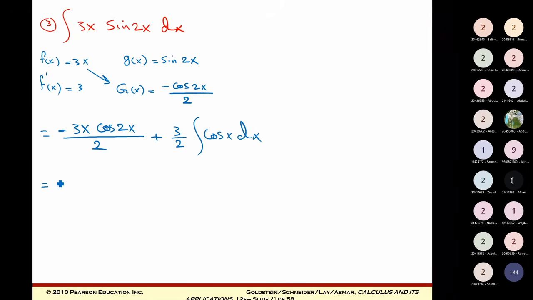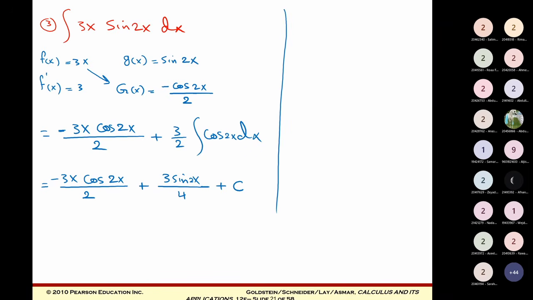So we have minus 3x cosine 2x over 2 plus 3 sine 2x over 2 plus c, because the integral of cosine is sine. Oh, sorry, this is 2x. So 2 over 2, so we have 4. Okay, this is the one.